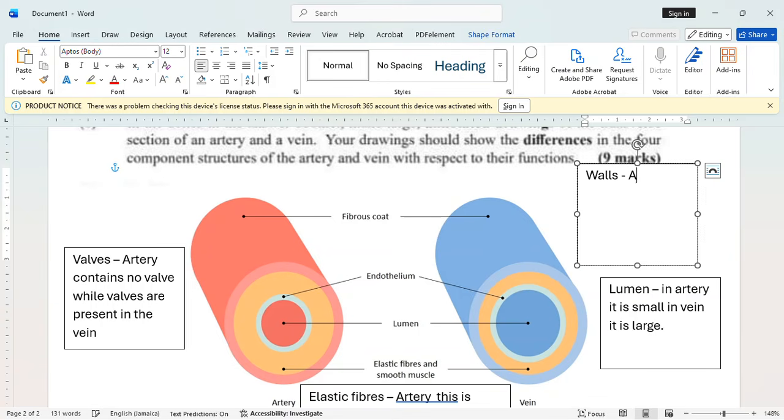In terms of the wall, we said that the artery has a thick wall. So the veins basically have a thin wall. And again, it is linked to the pressure at which blood is pumped through both.